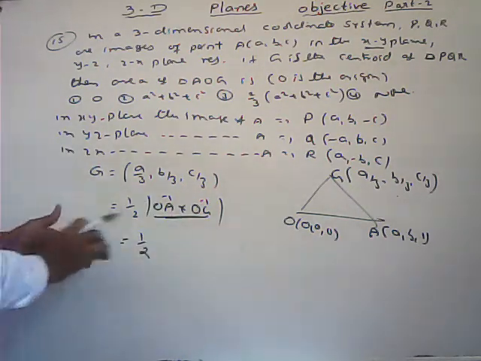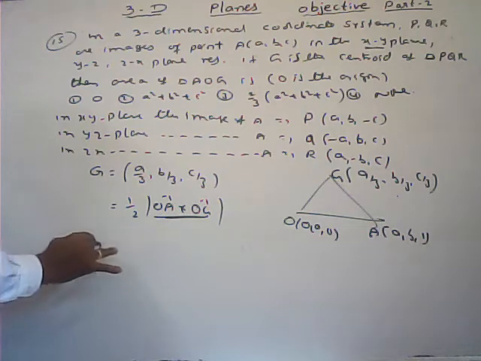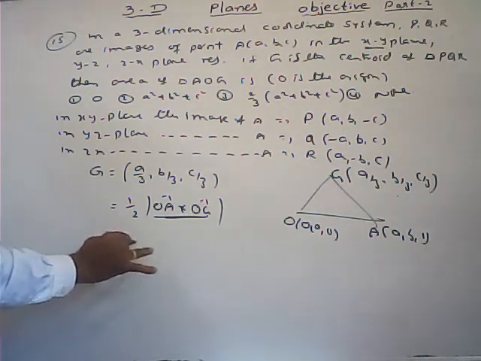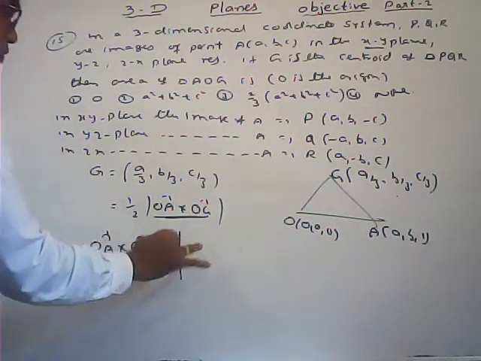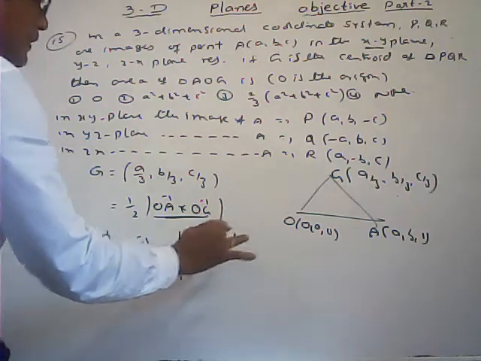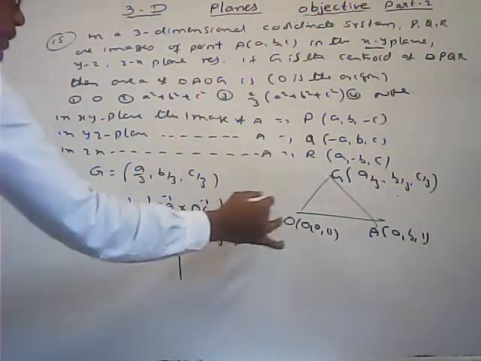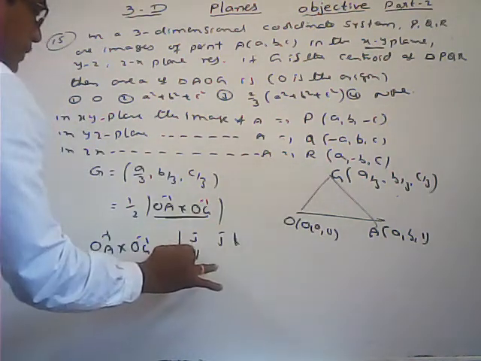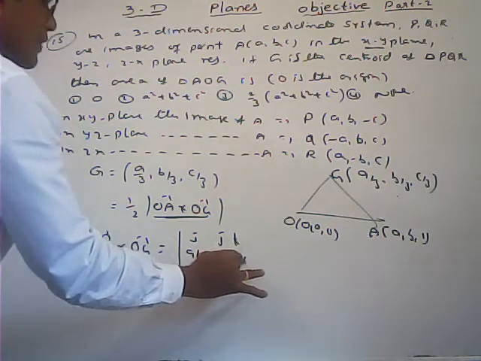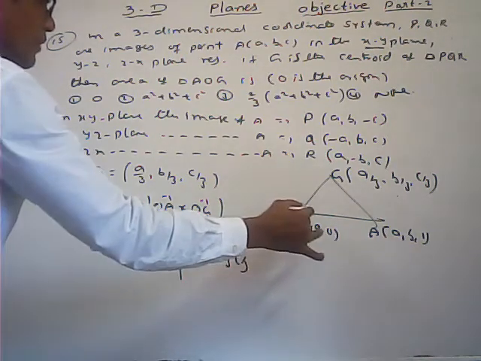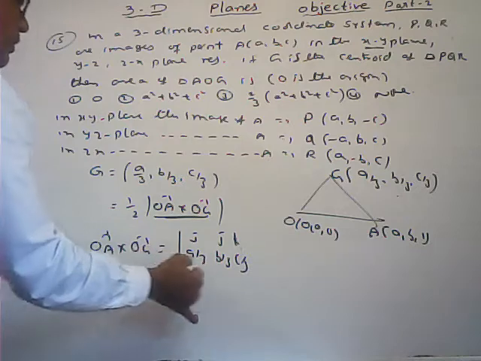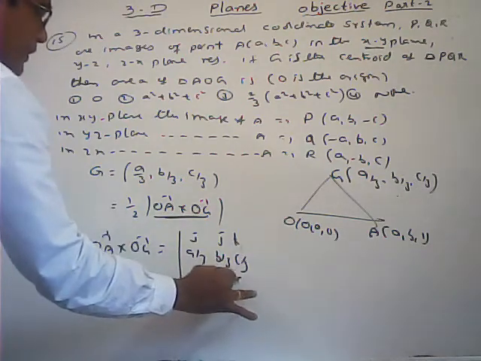First you can find OA bar cross OG bar. That equals the determinant of i, j, k; OG bar, that is a by 3, b by 3, c by 3; OA bar, that is a, b, c.